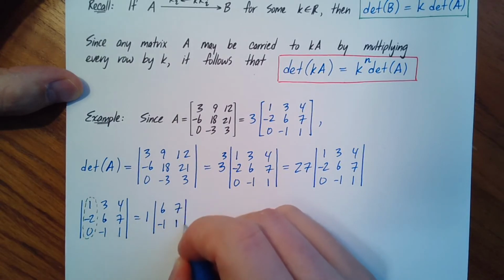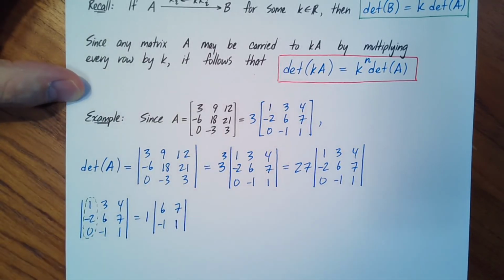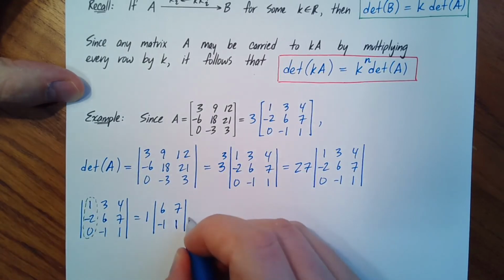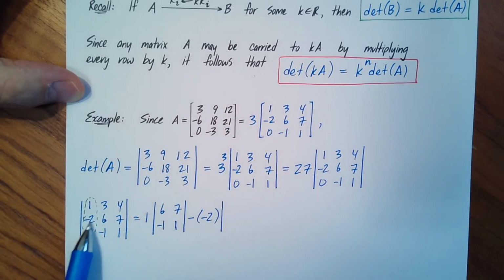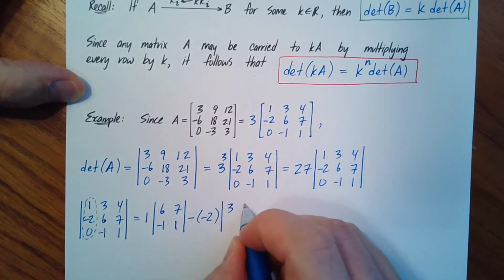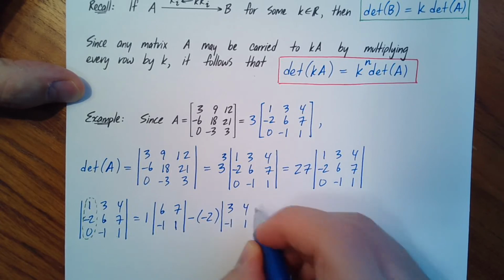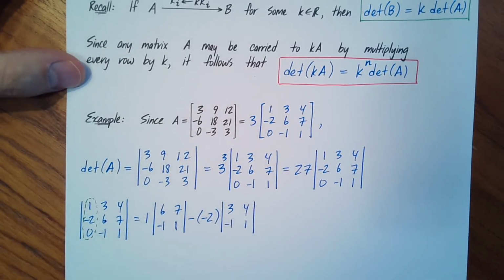I don't know if I said that wrong a moment ago, but I'll just say it again just to be sure. Okay, so the first term is 1 times this 2 by 2 determinant. Then we're going to have minus negative 2, because of that negative 2 that's right there, times the determinant of the 2 by 2 matrix consisting of the 3 and the 4, and the negative 1 and the 1. And then the last entry is 0, so we could skip that one.